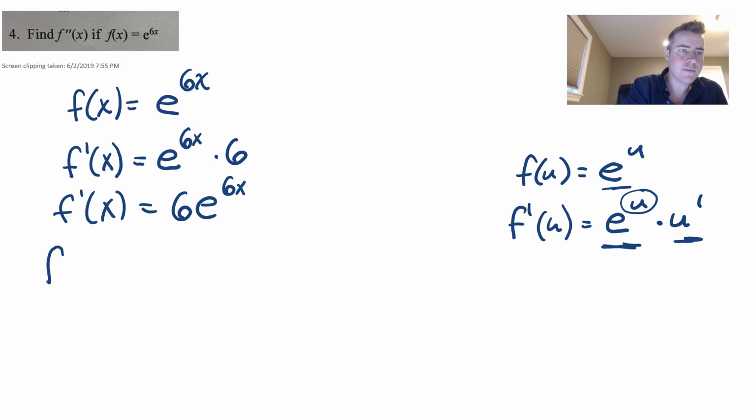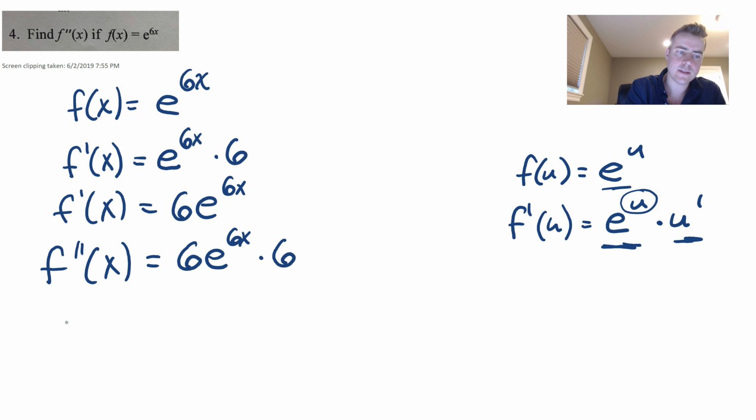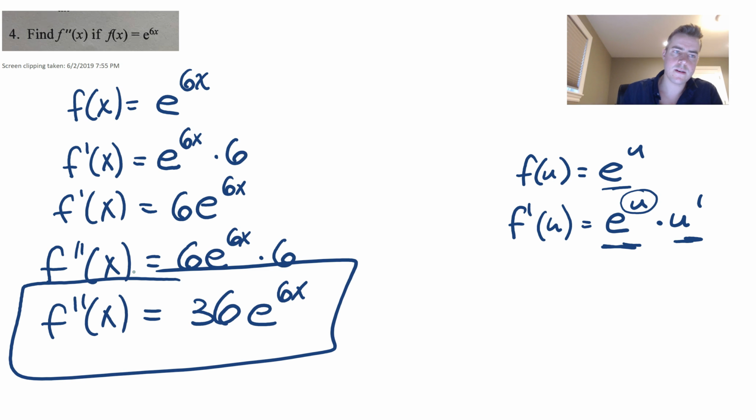Then if I take the second derivative of this, this is going to be 6e to the 6x times, again, the derivative of the top, which is just 6. So f double prime of x here is going to be 36e to the 6x.